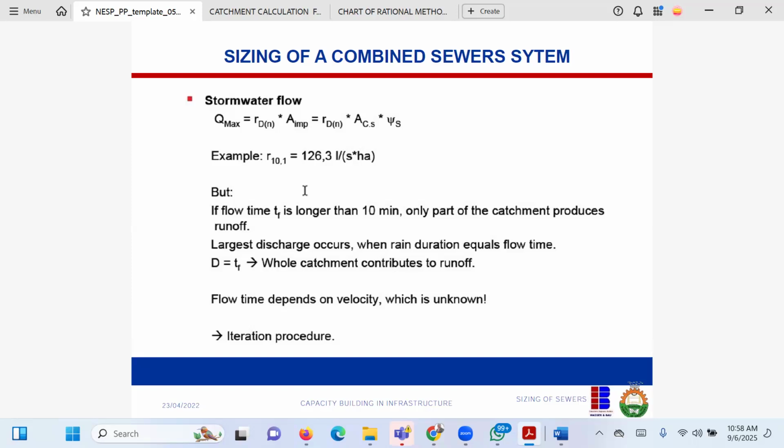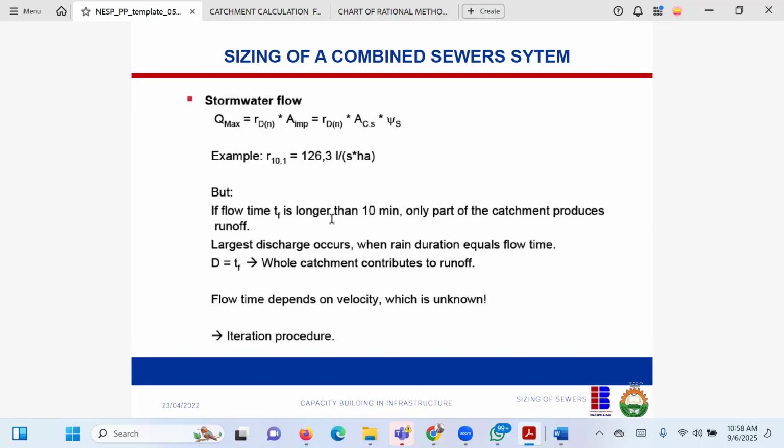Here is trying to explain to you the impact of time. Why do we choose 10 minutes? It is because to get maximum flow, travel time must be equal to time of rainfall. It's a technical thing.